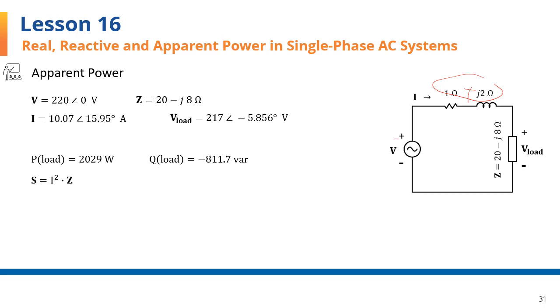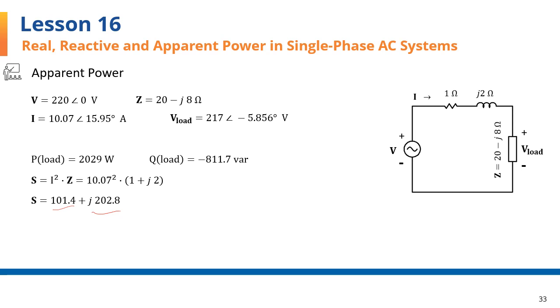Substituting for the magnitudes of the current and the impedance, we'll have S equals 10.07 squared, and that's the magnitude of the current, squared times the complex impedance of the line, 1 plus j2. The answer comes to 101.4 plus j202.8. It is seen that the real power loss in the line is 101.4 watts and the reactive power loss is 202.8 vars.